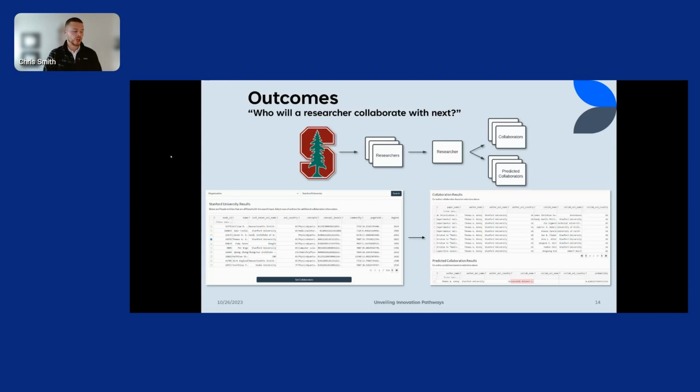We're getting the known collaborators of that researcher. These are people they've already done research with. But we're also using that logistic link prediction model to look for predicted collaborators. These are people that don't have an explicit relationship in the data, but maybe they should, based on some probability and the data that we have in our graph so far.